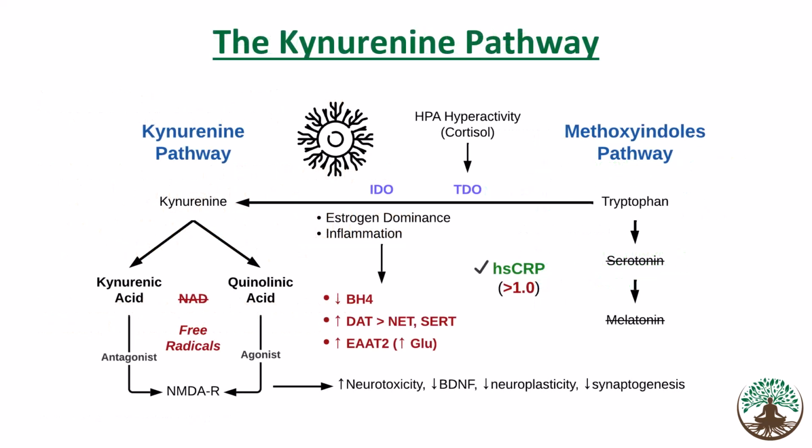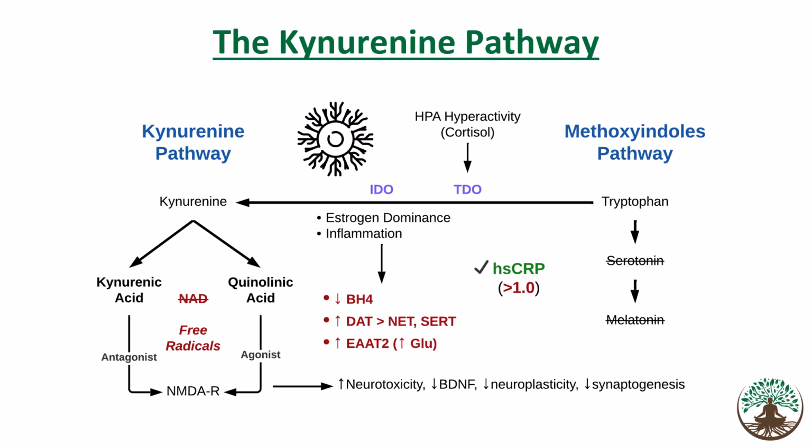Now let's turn our attention to the kynurenine pathway. These markers are only evaluated on organic acid testing, but reveal a shunting process that may occur in the context of estrogen dominance, HPA axis hyperactivity, and inflammation.